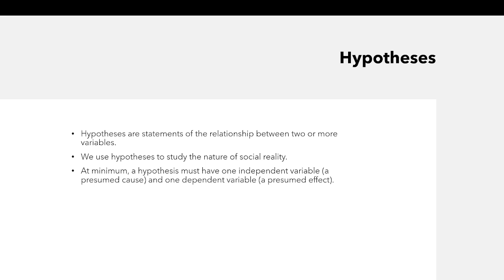So again, this is at minimum. It is possible to have multiple independent variables that we might be studying within the context of a hypothesis. But at minimum, we have to have one independent variable, one dependent variable.